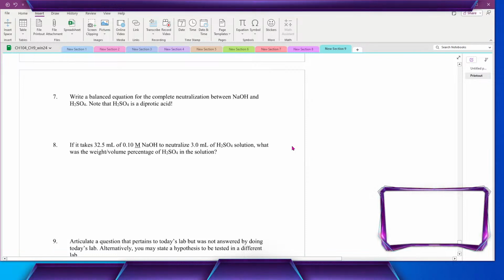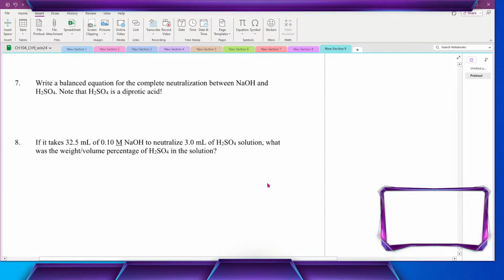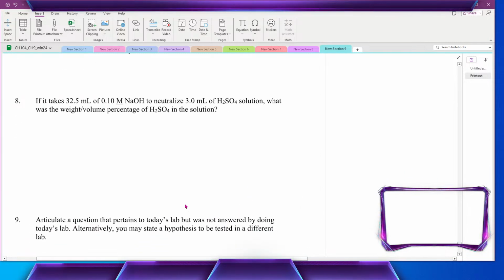So this one, right? The neutralization. Let's walk through it, and you can always flag me down if something seems different. Start with your balanced equation.